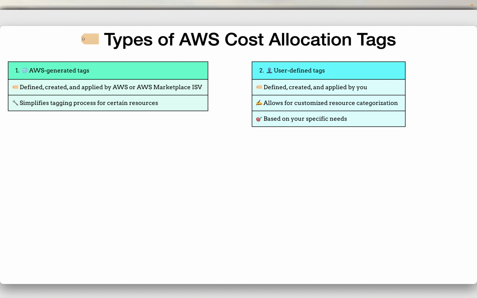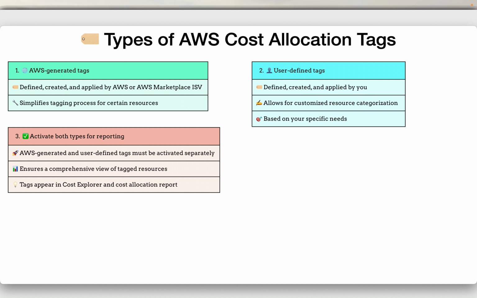Then you have user defined tags, which you define, create and apply, which allows for customized resource categorization based on your specific needs. Both AWS generated and user defined tags must be activated separately before they can appear in Cost Explorer or on a cost allocation report.